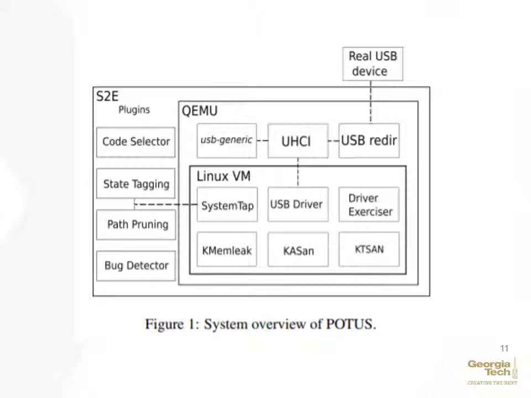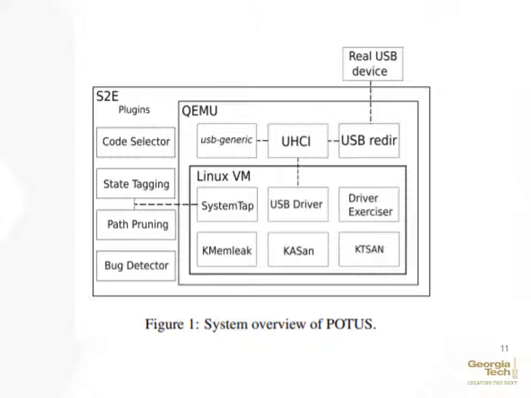These USB devices are connected via the QEMU Universal Host Interface. The USB devices were actually virtual in this study. The driver exerciser runs in the guest and establishes the possible different interactions of the user with the device. Data that is sent from the device is symbolic.